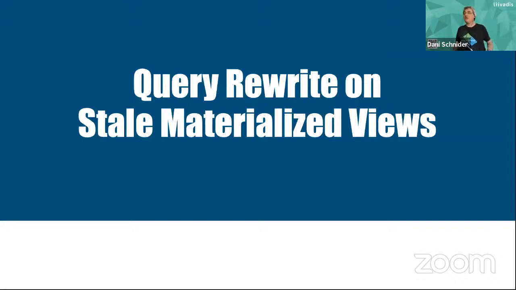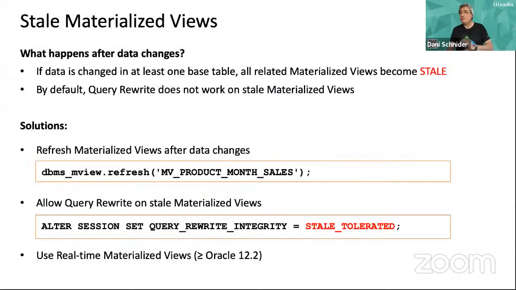What happens if the materialized views are stale? So if we change any data, then the materialized view does not work anymore because it would not return the same result. We can avoid that either by refreshing the materialized view. That's what I do not explain here in detail because that will be another session, but I will show you where to find this information at the end of the presentation.